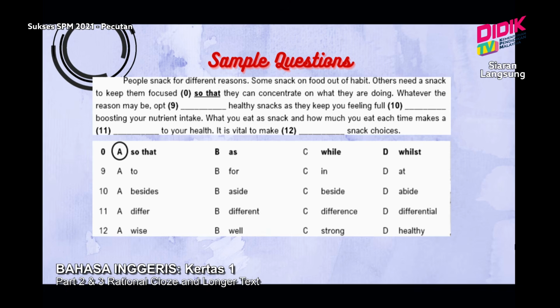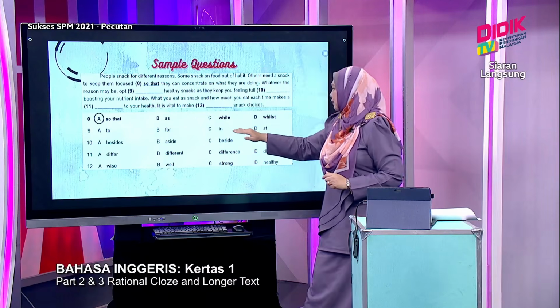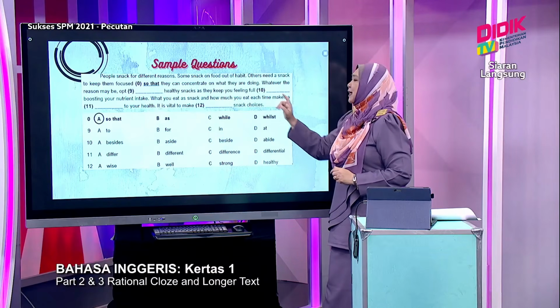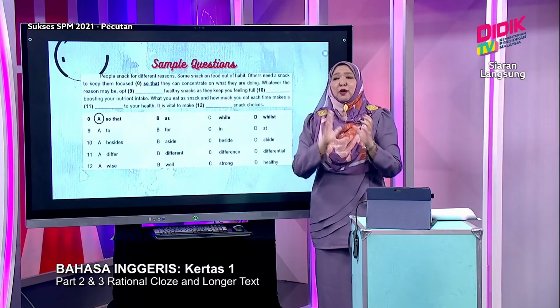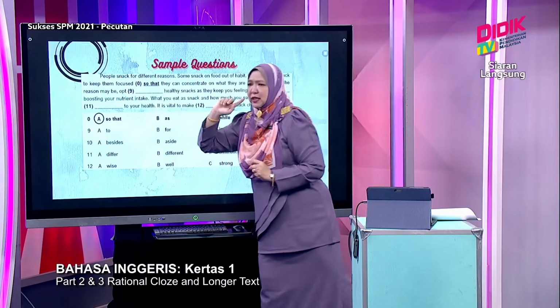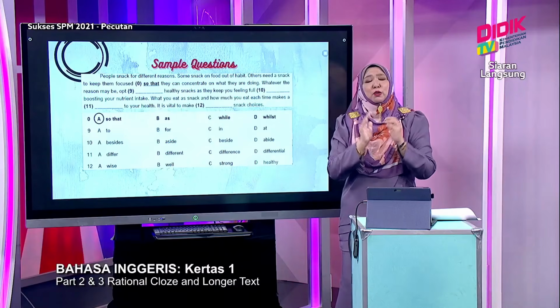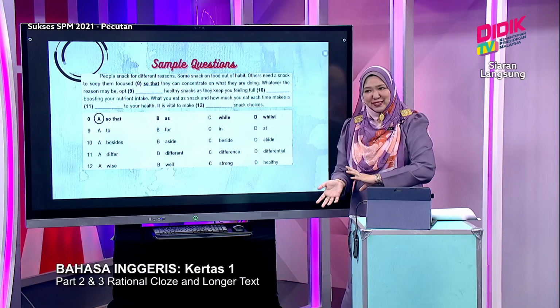Whatever the reason may be, the first blank here, number 9, has options A, B, C, and D. Is it opt to, opt for, opt in, or opt at healthy snacks? So, opt what? Here we need a phrasal verb.